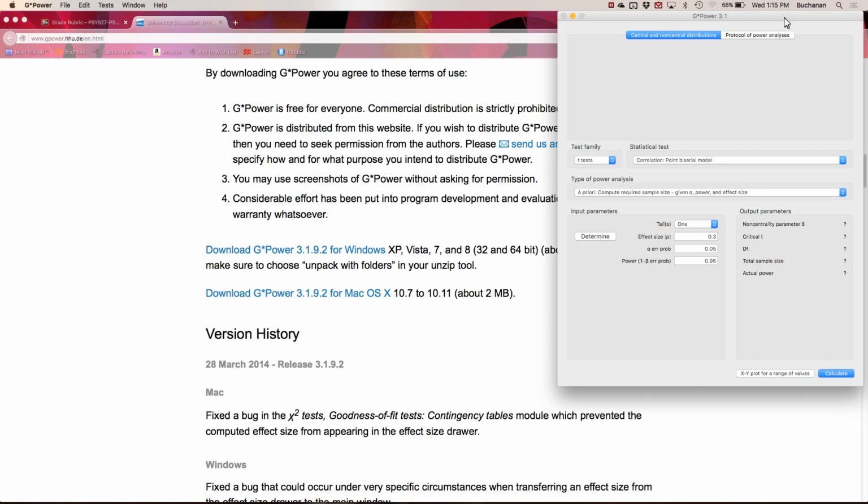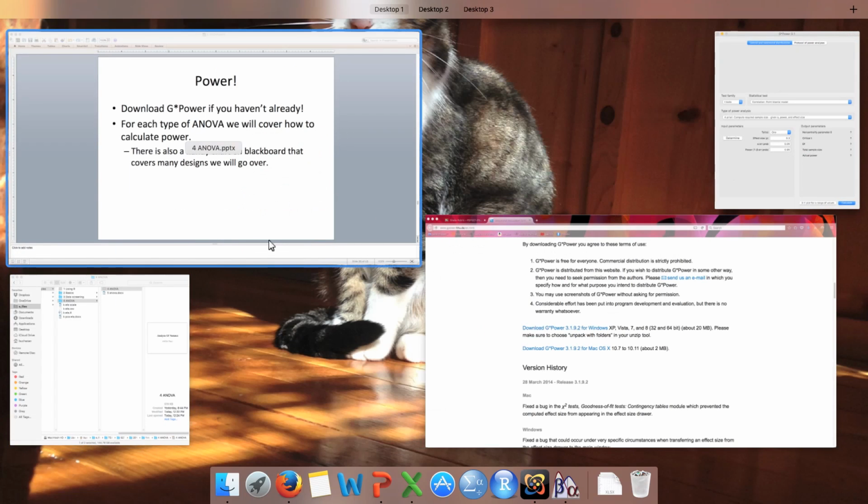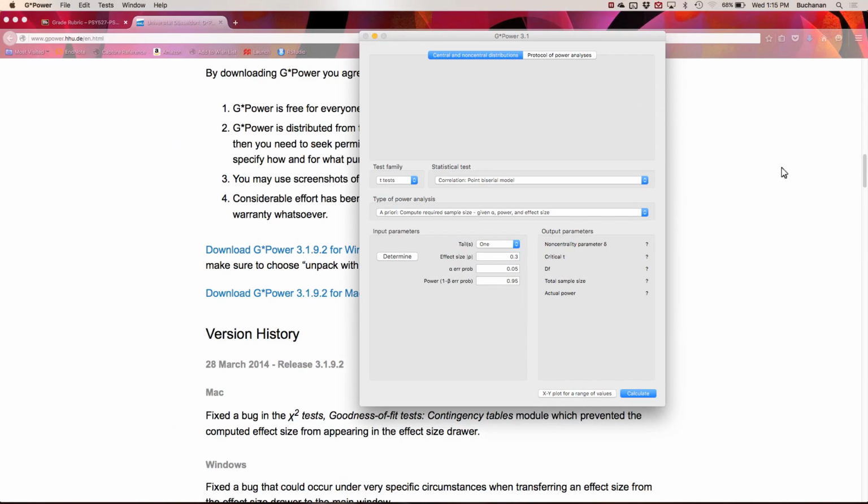Okay. Oh, wow. I can actually see the bottom. That's amazing. I think it's because I'm on this larger monitor. But anyway, what G-power is, and I can't make this window any bigger, is it allows us to calculate power. What we're going to do with G-power is use it to calculate estimated sample size.